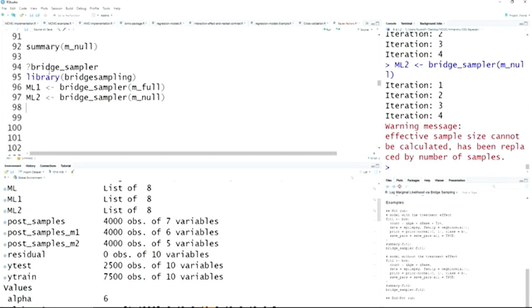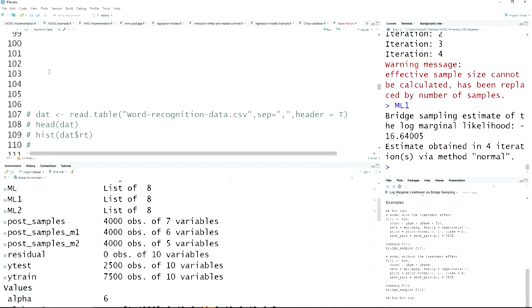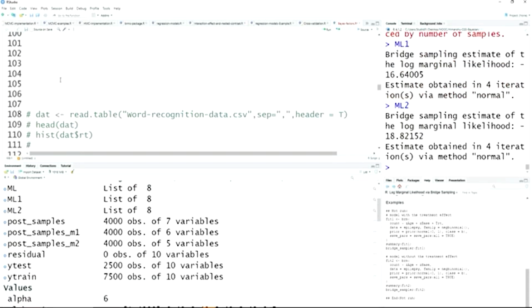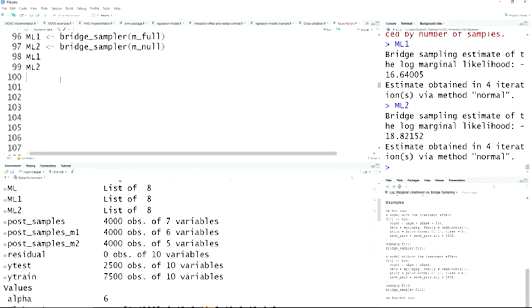Okay. So let's see what is the output of this ML1. Bridge sampling estimate of log marginal likelihood is 16.64. This is for model 1. And for model 2, bridge sampling estimate of log marginal likelihood is minus 18.82. Right? So this is log marginal likelihood.